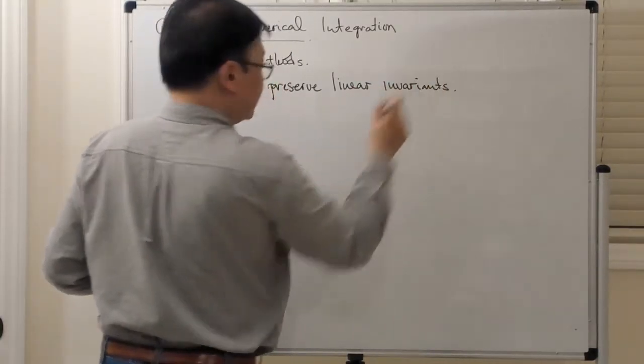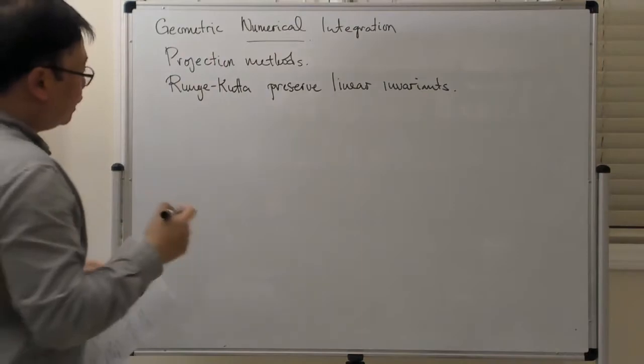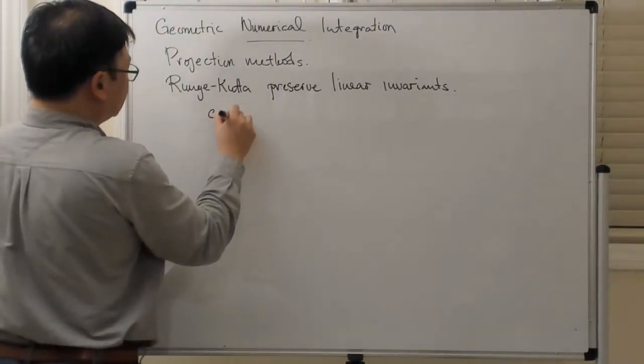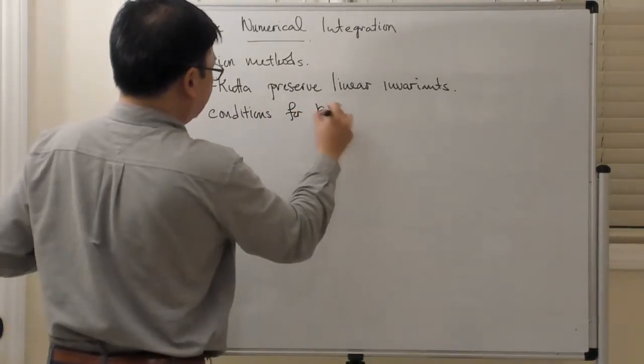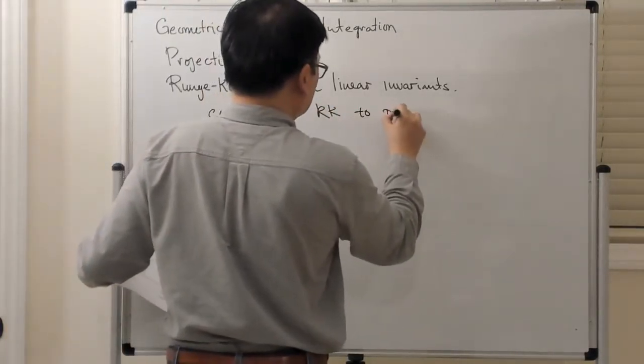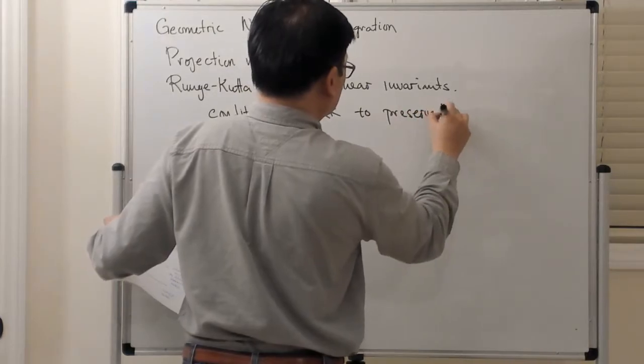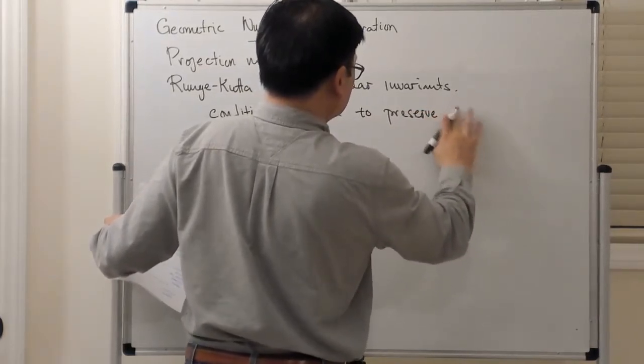And then we looked at the conditions under which they preserve quadratic invariants, right? So conditions for RK to preserve quadratic invariants.